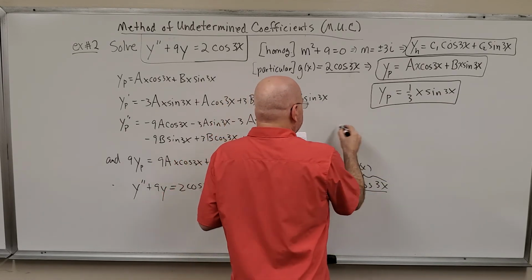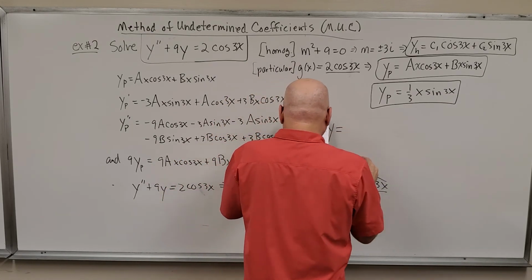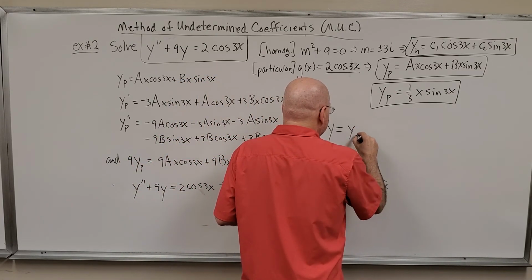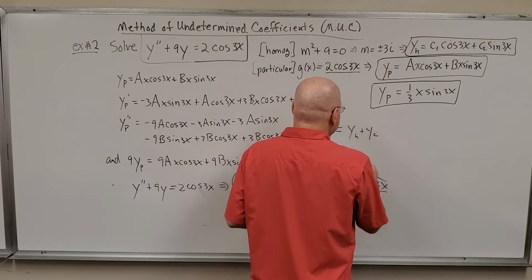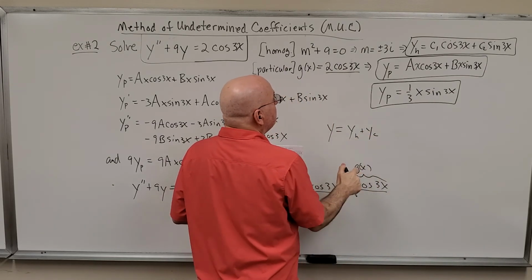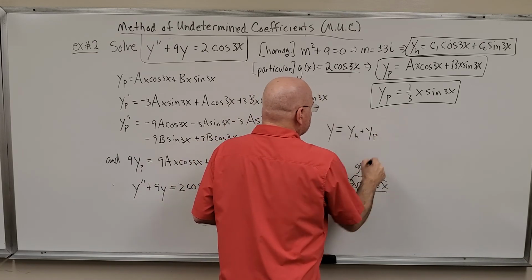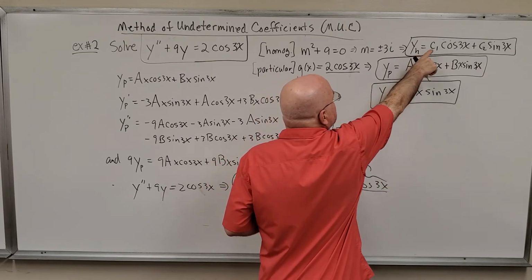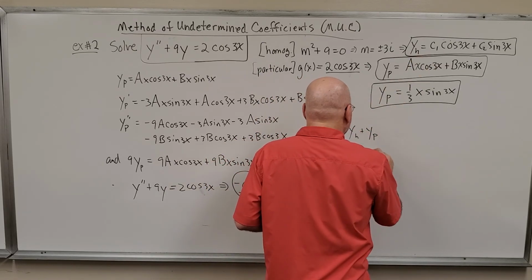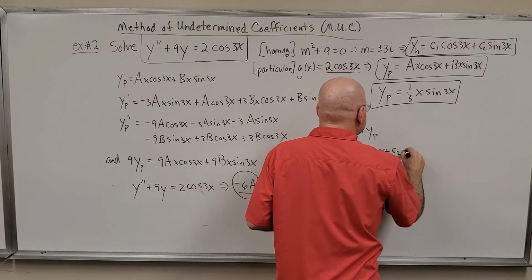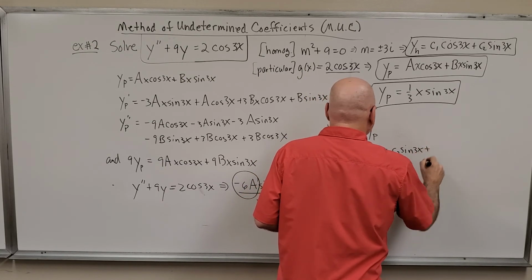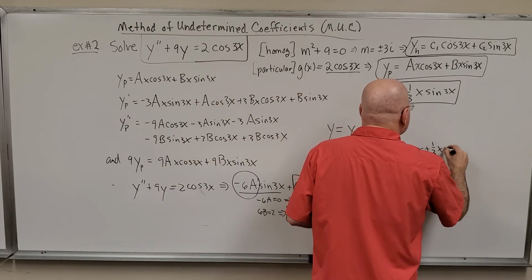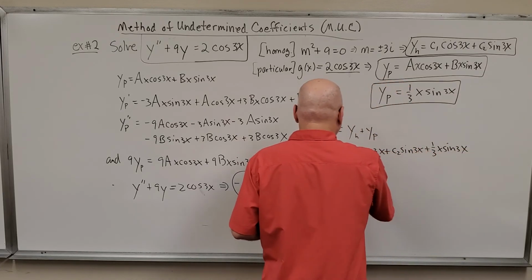So our final solution: y equals yh plus yp, the homogeneous one plus the particular one, which means y is equal to c1 cos 3x plus c2 sine 3x plus 1/3 x sine 3x.